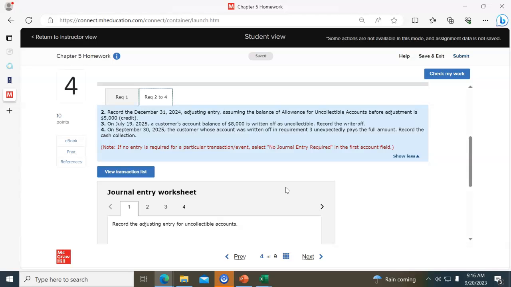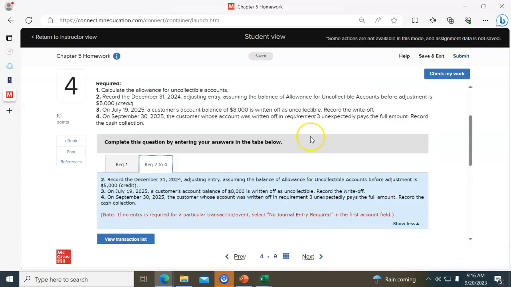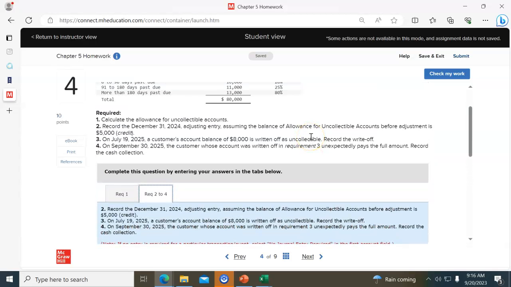On July 19th, 2025, a customer's account balance of $8,000 is written off as uncollectible. Record the write-off. How would we do that? We would debit allowance, credit the account, right?